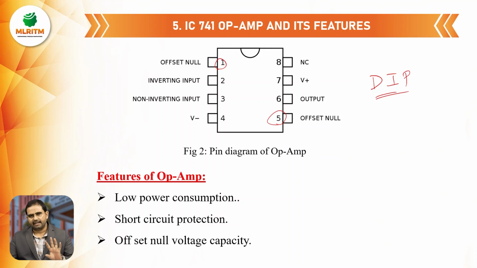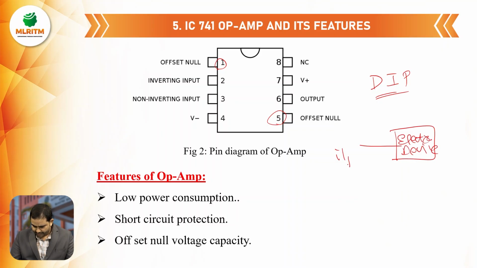If we do not give any input, or the input is 0, then the output should be 0. If we get any positive or negative value apart from 0, it means the electronic device is generating some error or some unwanted signal. Simply we call it noise. That noise is called the offset value.